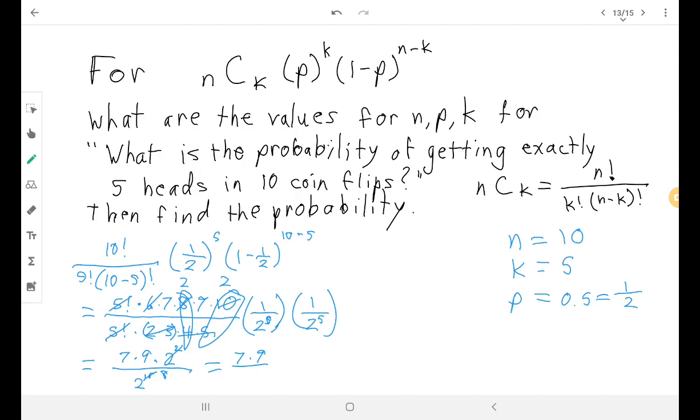And if you figure out 2 to the 8th, that winds up being 64, right? Yeah. Let me double check that and be sure. 2 to the 8th is what? That's 4 to the 4th? Yeah, so no, it's not 64. 2 to the 8th is what?